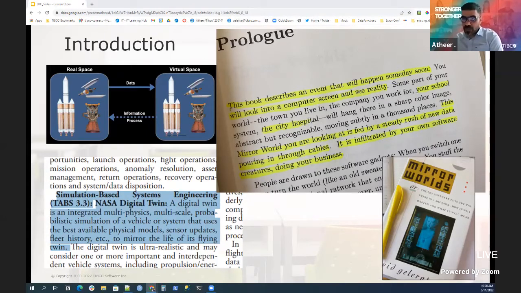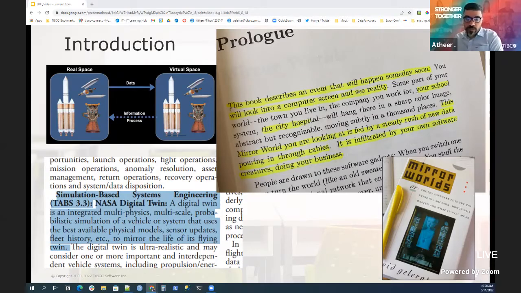So the digital twins cannot be only a representation of an object. It can be a representation of a process that replicates the digital copy, or it can be a whole system or a part of that system.